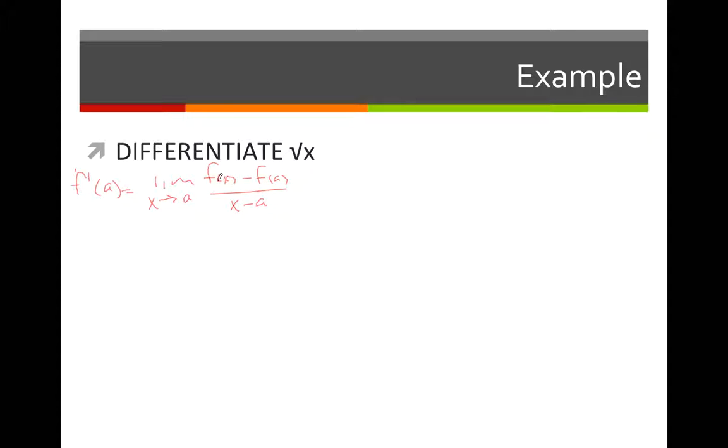You notice this is just change in y over change in x, so still slope again. F of x is just the square root of x, and f of a is just the square root of a, all over x minus a.